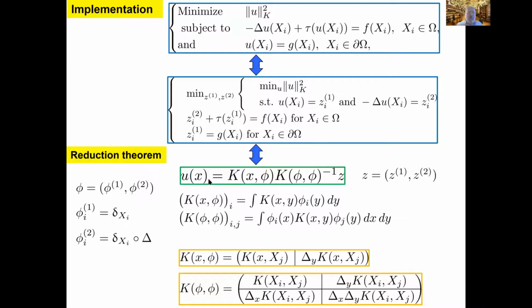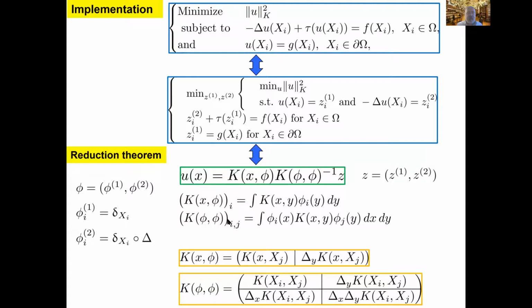To describe the other terms, I will write phi for the vector whose entries phi i are delta Dirac functions at the collocation point xi, or delta Dirac function at the collocation point xi composed with the Laplacian operator. Kx phi is a vector whose entries are obtained by integrating the kernel k at the point x against the function phi.